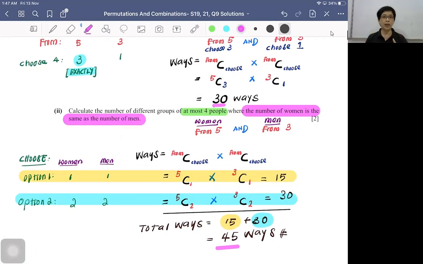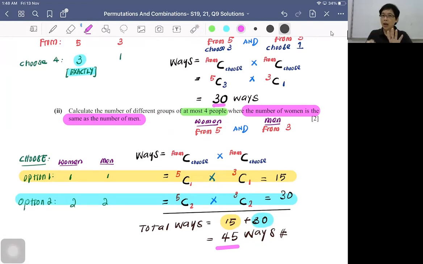So put on your thinking cap. What are the possible ways or options you can choose to make that? Well, they say at most. What do you get from that? At most 4 people. In other words, the maximum number of people you are allowed to choose is 4, right?